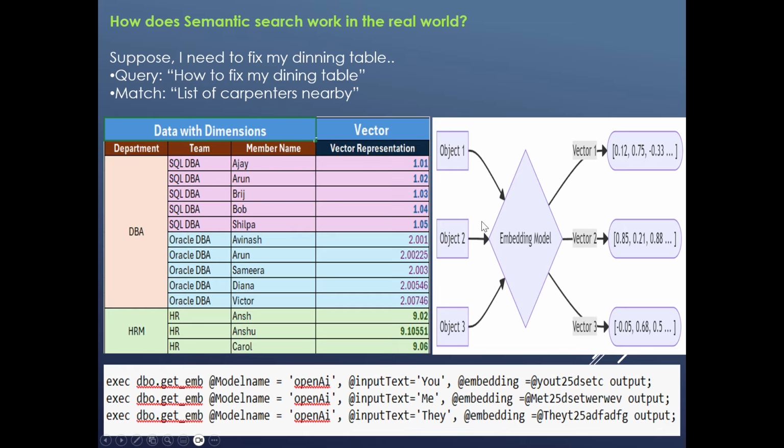Suppose I import a model. In the next slides, I will show you all these things. For now, just understand that I am asking AI to give me an embedding for a word, and I put that in my vector data type and am not generating any vector on my own. So these are AI-generated vector data types.